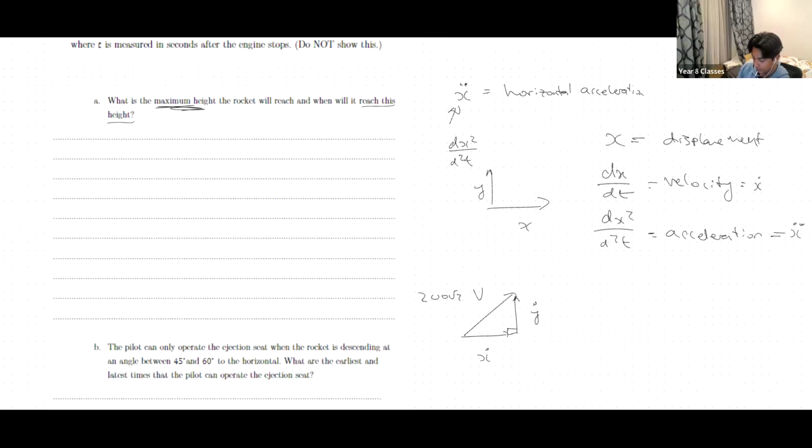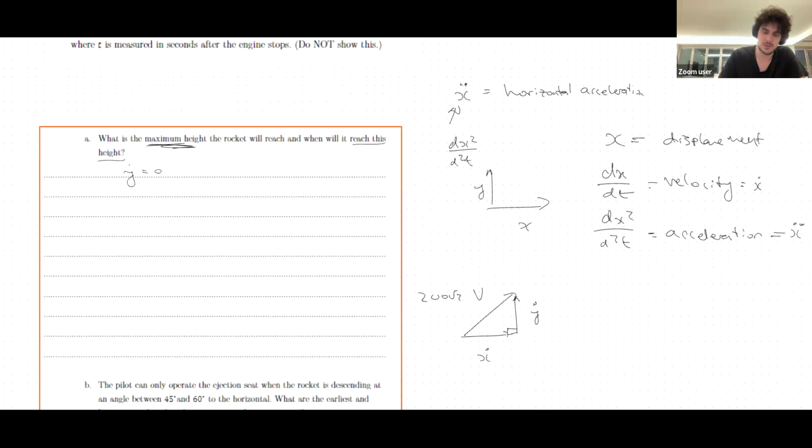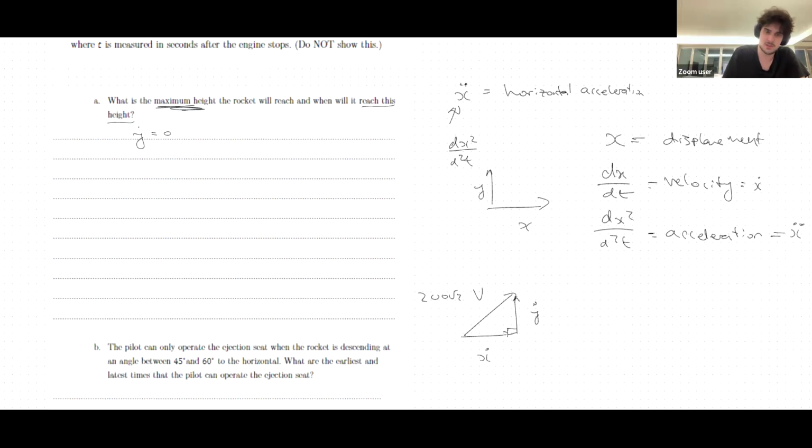So the y dot equation equals 0. Oh wait, do we diff the thing first? Yes, let's diff it first. So that's negative 9.8 t plus 200. Yep, and now we can solve. So what's this going to be equal to?